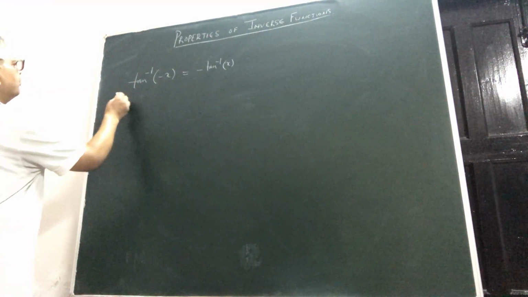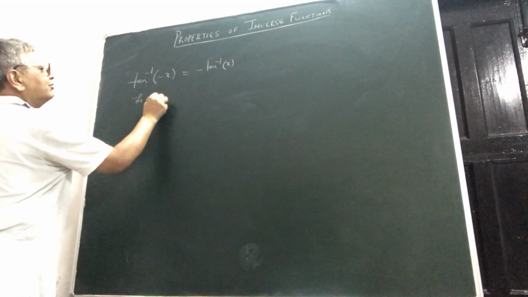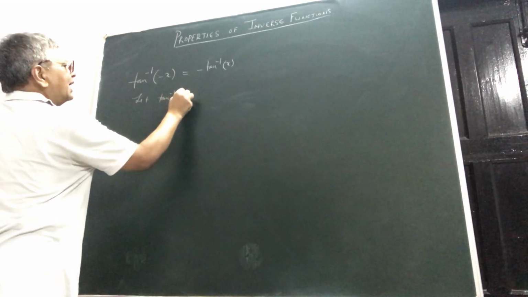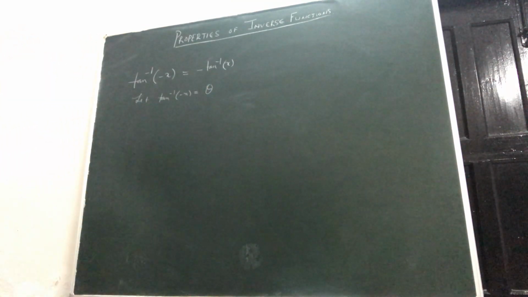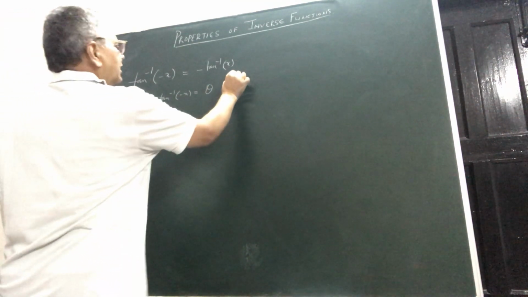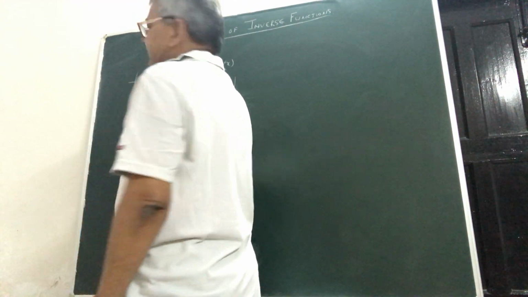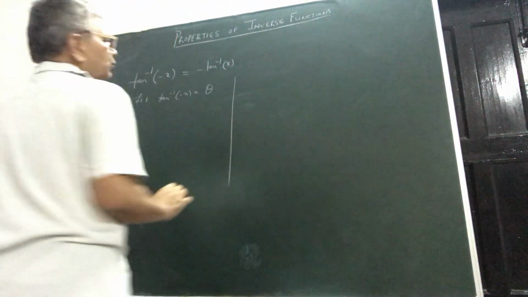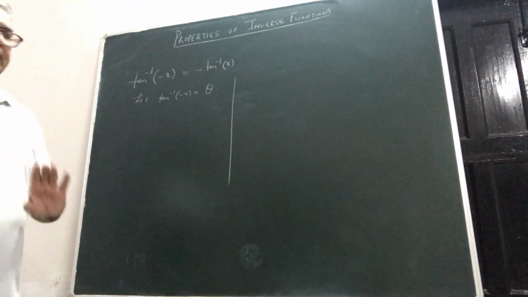So for this property, let tan inverse minus x be equal to theta. Then please do write where this minus x lies and where this theta lies. The best way is to see the domain of tan theta.